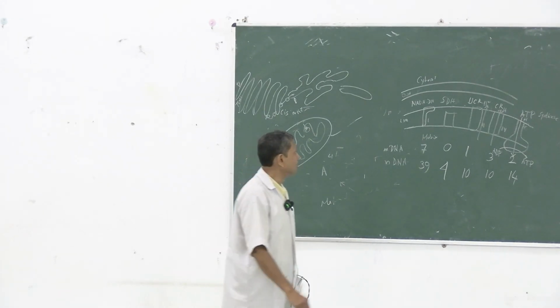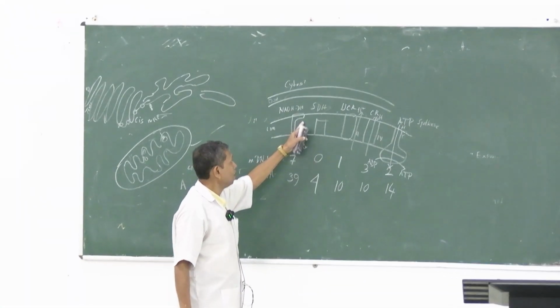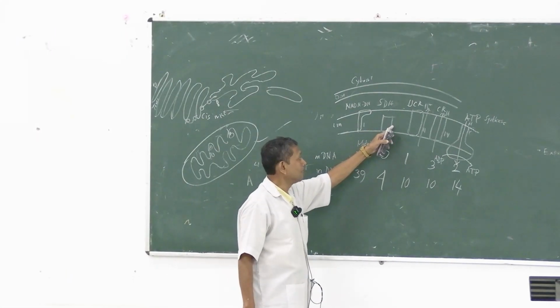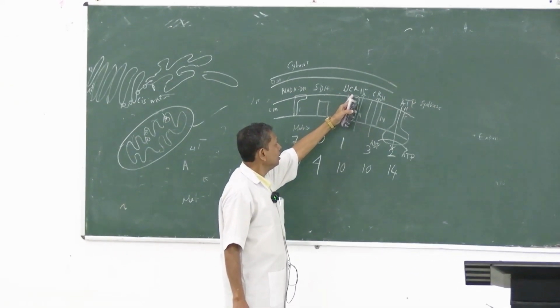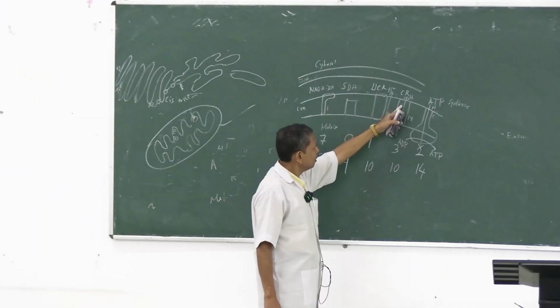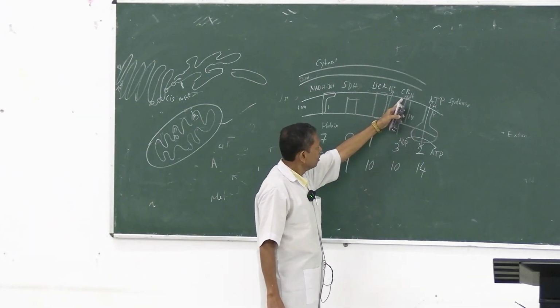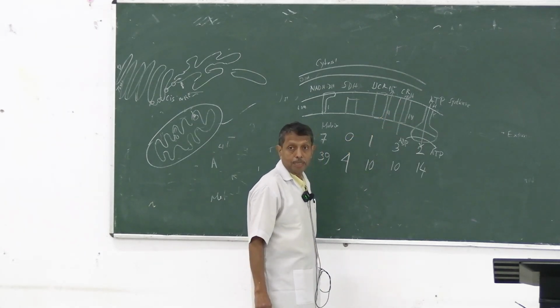So there are these 5 complexes: NADH dehydrogenase complex, succinate dehydrogenase complex, ubiquinone cytochrome oxidase complex, and then cytochrome oxidoreductase complex, and then ATP synthesis.